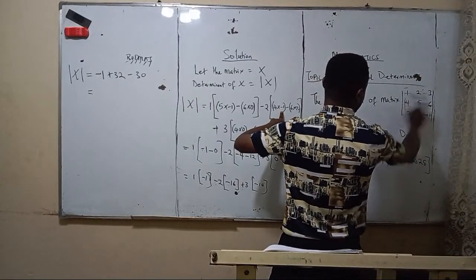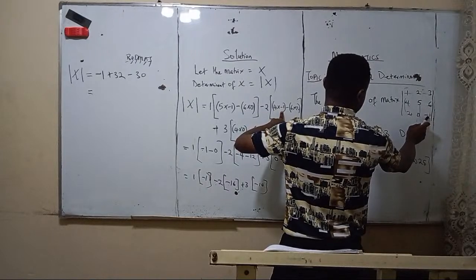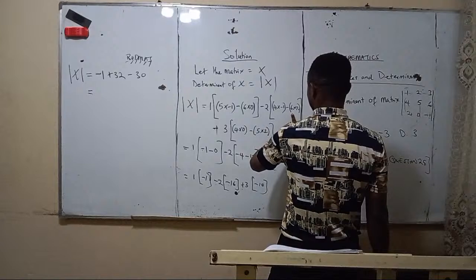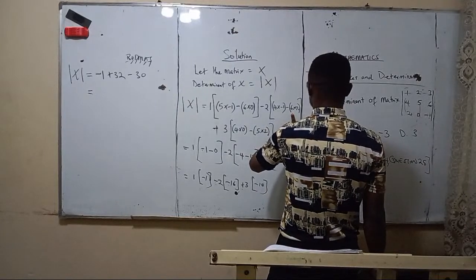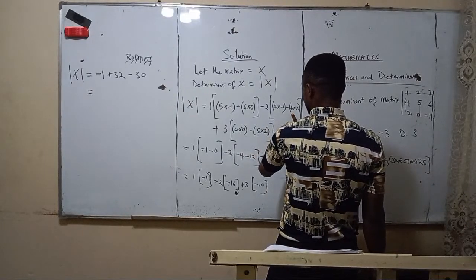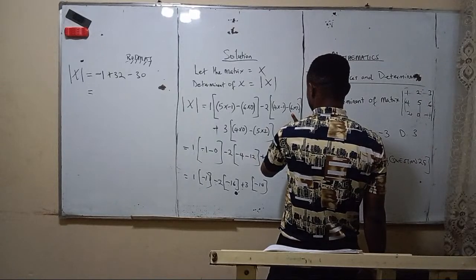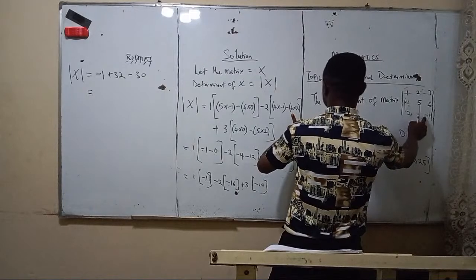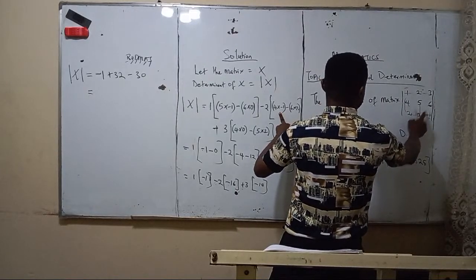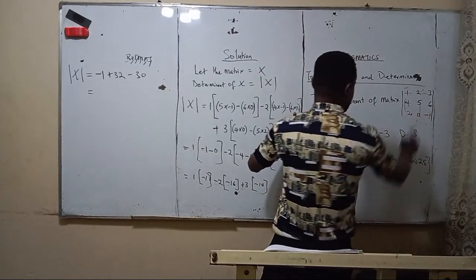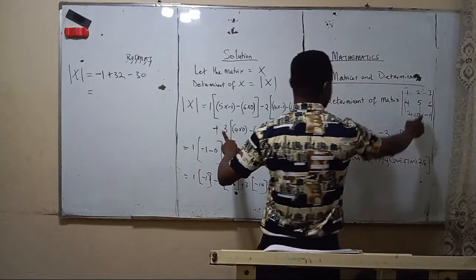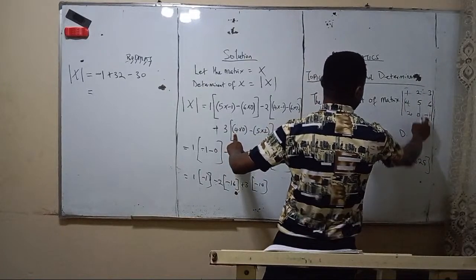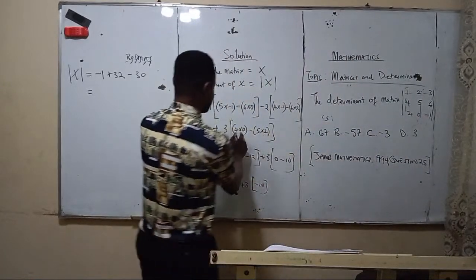You pin here, you have 4 times minus 1 minus 6 times 2, correct. Then if you pin here, you bring that 3 here, 4, this is the error.